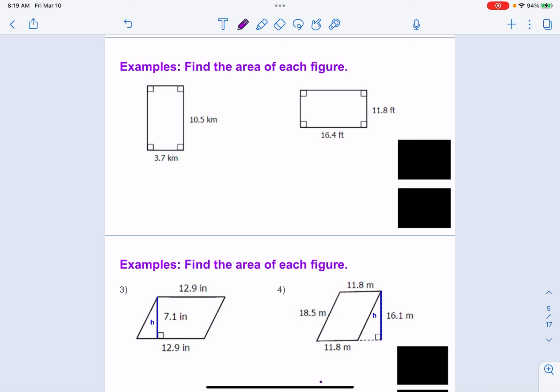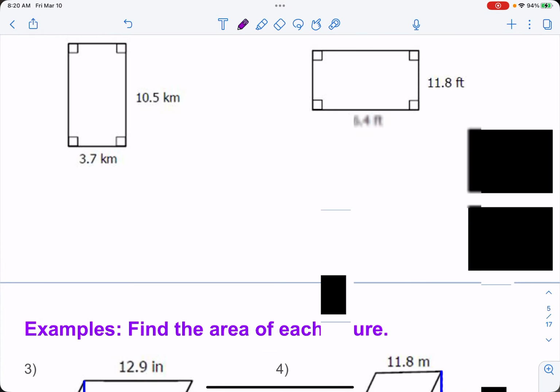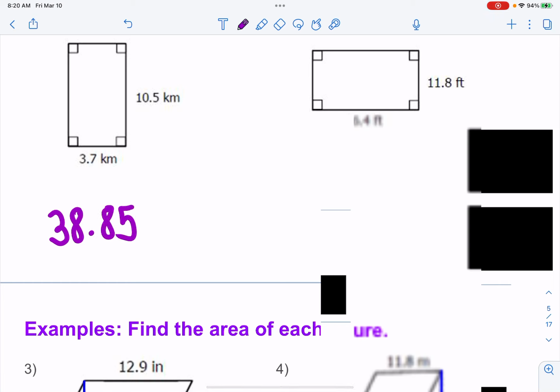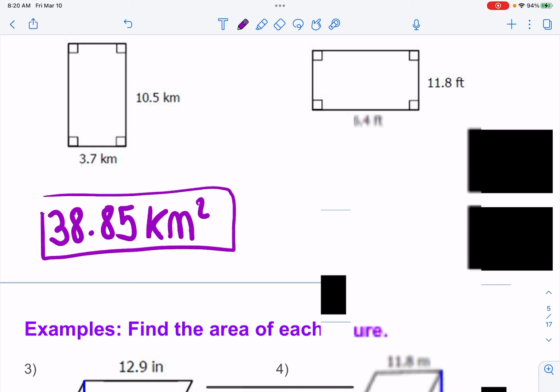For the first one, you're going to multiply 3.7 times 10.5, and that's going to give you 38.85, but you want to make sure you have units. Area is kilometers squared. You always want to square your units.